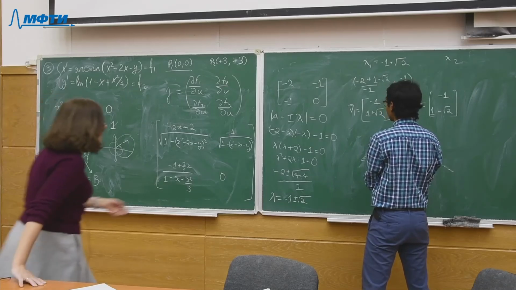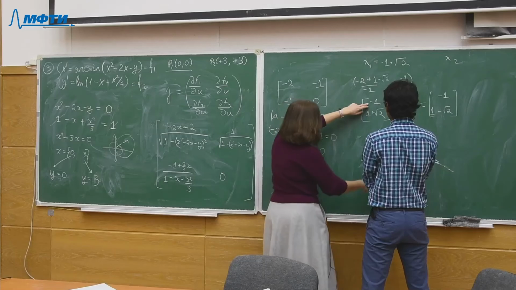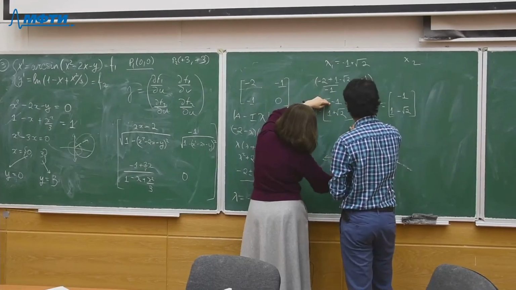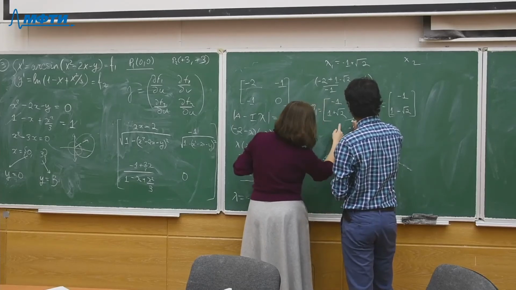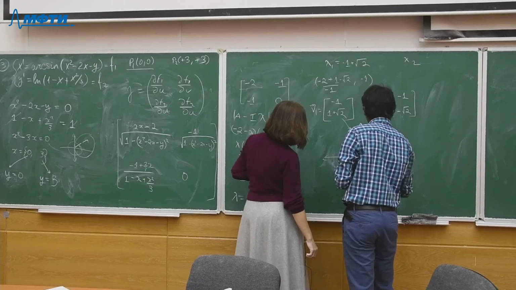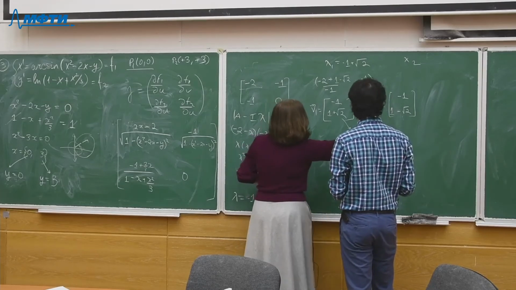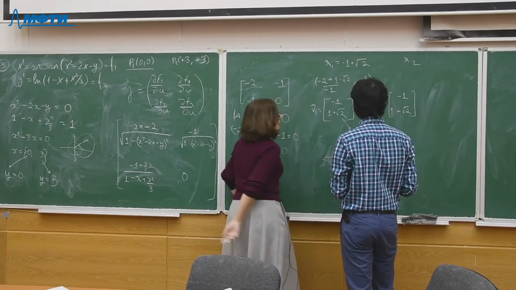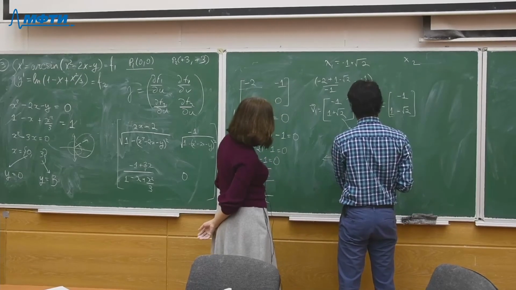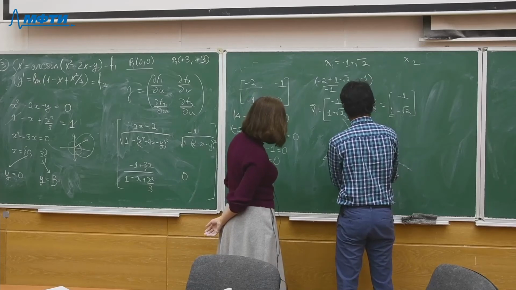So first find the vector. It is -1, and the straight line through the origin. This will show the direction. And the next is -1 and 1, so it is -1 and... yes, here.